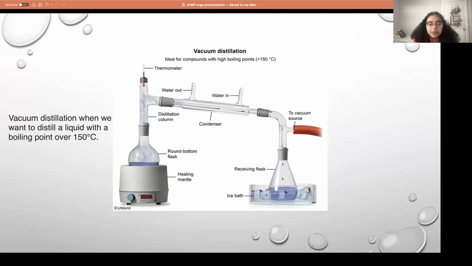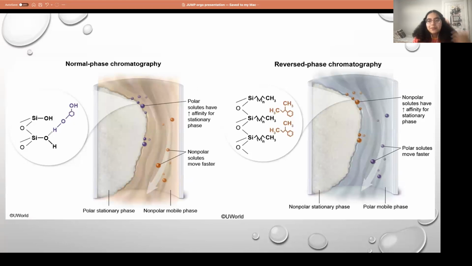And then vacuum distillation is when the liquid you're trying to distill has a boiling point over 150 degrees, so very high boiling things. You can see there's a vacuum source connected there. So it's good to know when to use each of those three. You might be asked which distillation you should use.